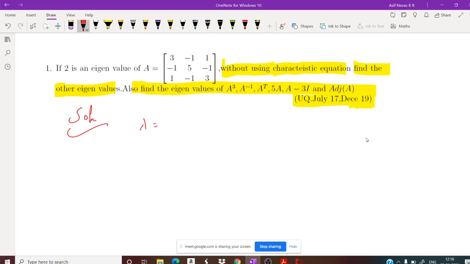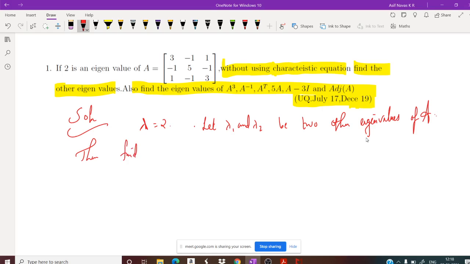So given lambda equal to 2. Now tell me how to find the other two eigenvalues. One eigenvalue is given, 2, and let lambda 1 and lambda 2 be the two other eigenvalues of A. First we have to find lambda 1 and lambda 2.